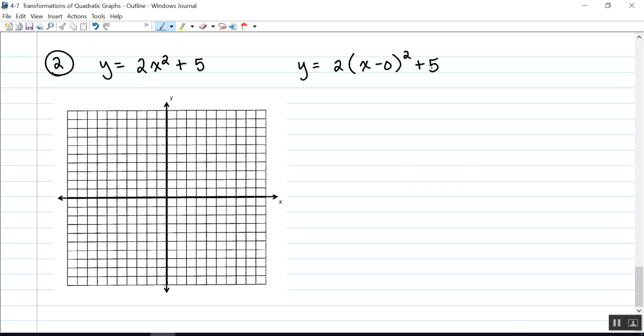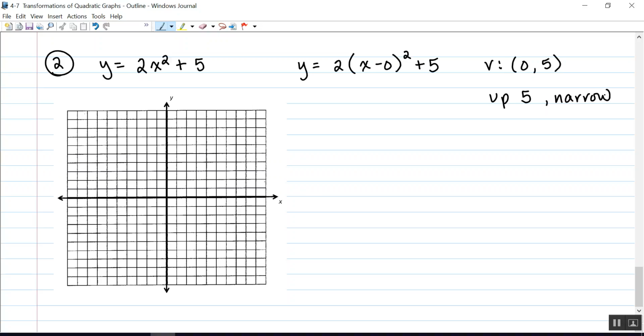Looks a little crazy, but if I were to write it in vertex form, it would look like that. So my vertex is the point (0, 5). There's no left or right translation, but this is going to be translated up 5. And the 2 out front means that it's going to be narrower.